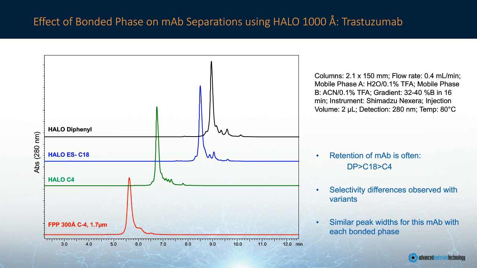You do see on the tail end of this antibody separation selectivity differences in terms of the variance. And you get similar peak widths for each of these bonded phases, as opposed to the less efficient and less defined separation that you would get on this fully porous particle.